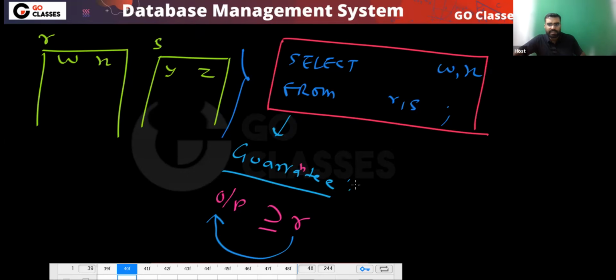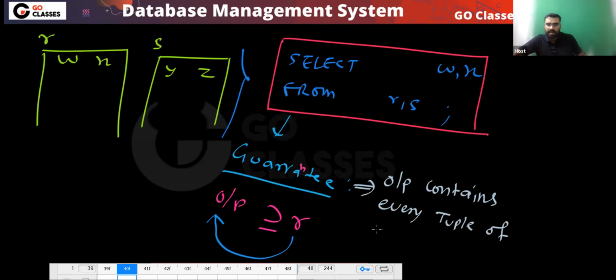What I can say is you can guarantee that the output contains every tuple of R, but possibly duplication can happen. They may or may not be there.